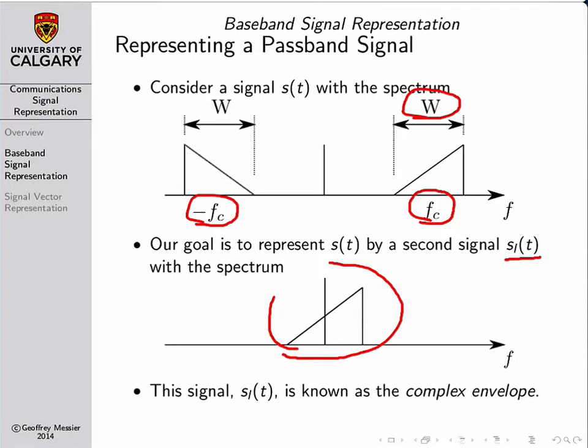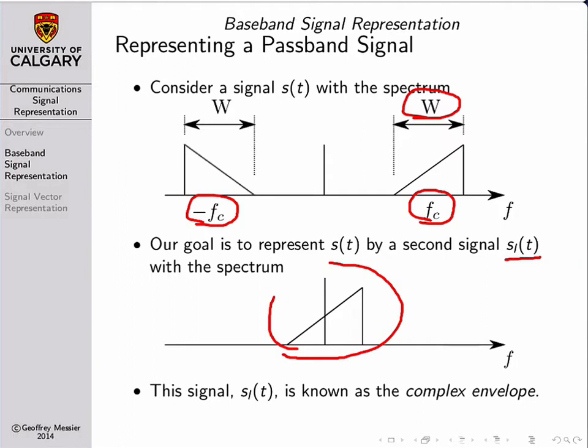This type of signal is known as a baseband signal. In my drawing, the spectrum of this baseband signal has an identical shape to that of the passband signal. It looks like we've just taken the passband signal and shifted it back down to baseband.